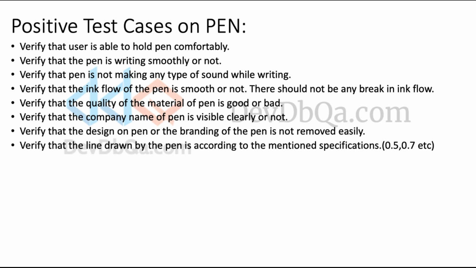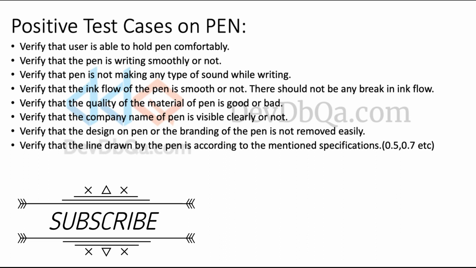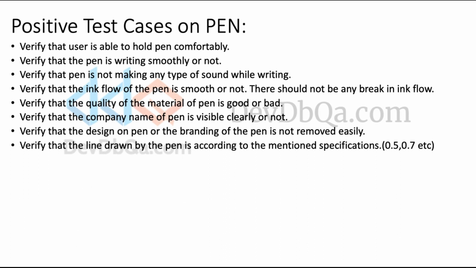So there are different type of specification pen available in the market, such as 0.5, 0.7, etc. So we have to check that the line drawn by the pen should be according to the mentioned specifications only. So if we are having a pen of 0.5 specification, the line should be drawn with the 0.5 specification only.